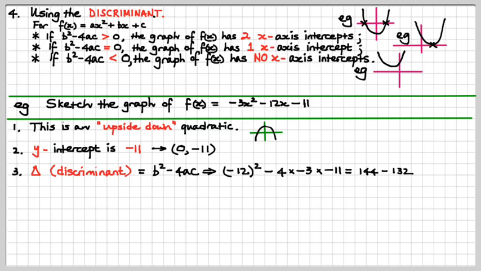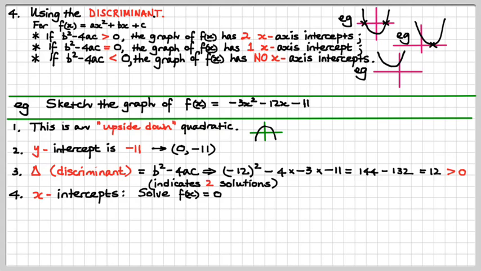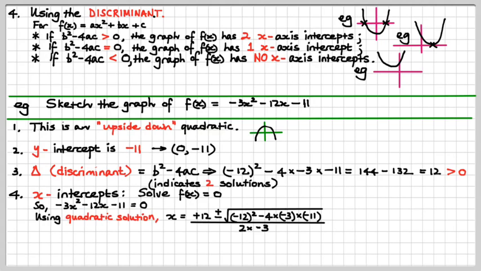It looks like it's going to be positive, 12. So we're expecting 2 solutions, which is useful information. It's greater than 0, so we're expecting 2 solutions. Now we'll go for the x-intercepts. We just have to solve for f of x equals 0, and I think the quadratic solution is the best way to do it.